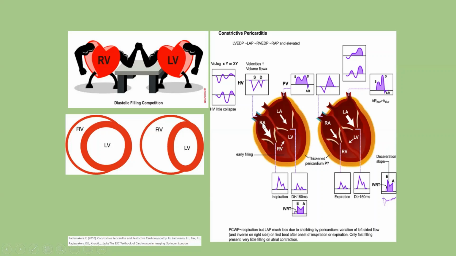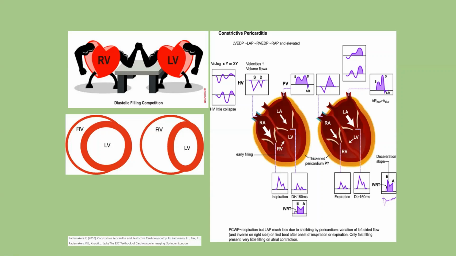Okay, so during inspiration, what happens? We have more flow that comes to the right atrium, to the right ventricle, more septal shift to the left side. Now, during inspiration, what happens in the left atrium? Do we have more flow or less flow compared with expiration?